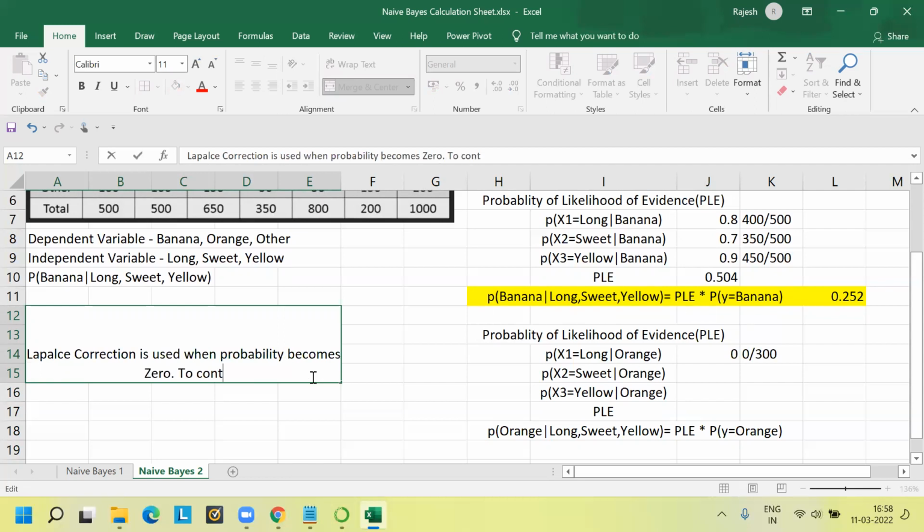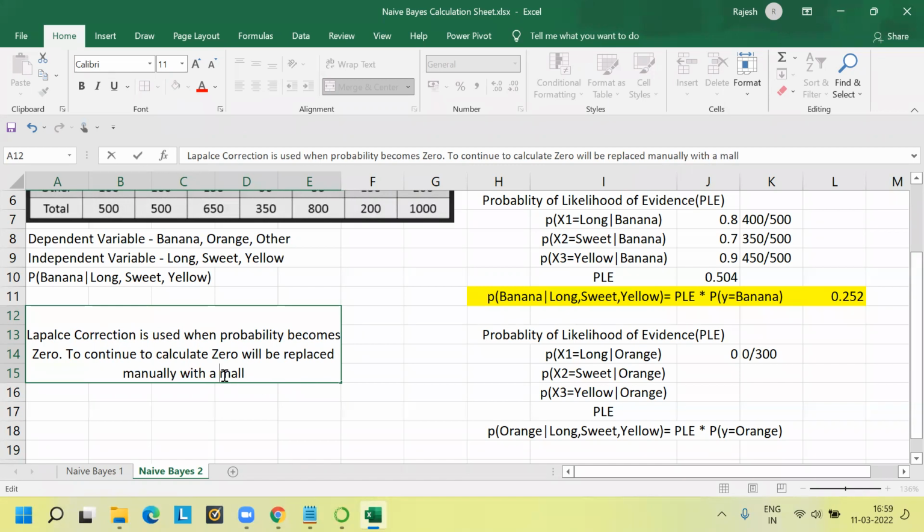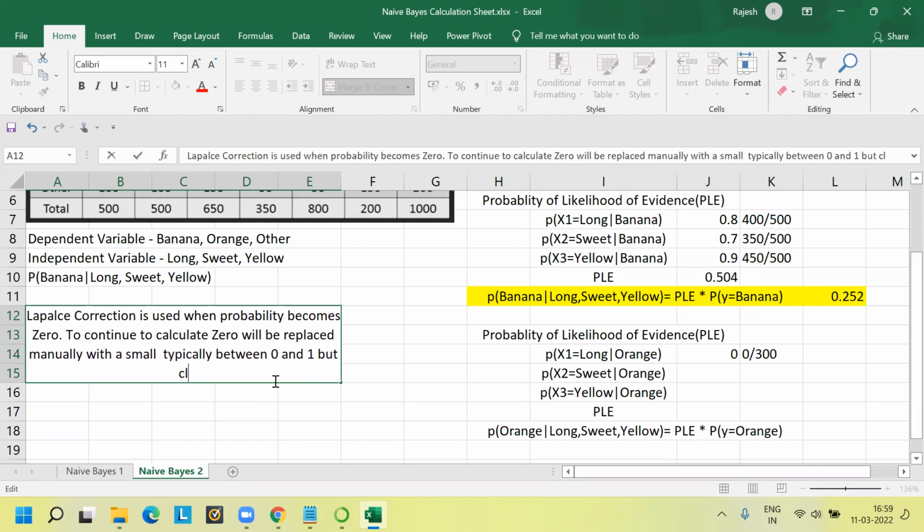To continue the calculation, the zero will be replaced manually with a small value, typically between 0 and 1 but close to 0.